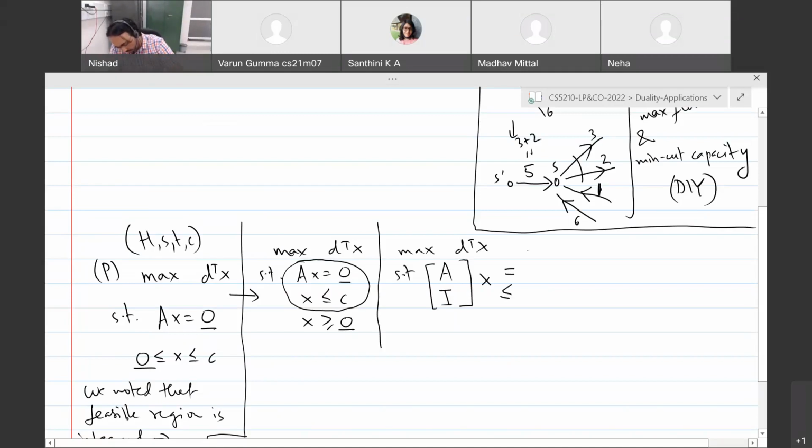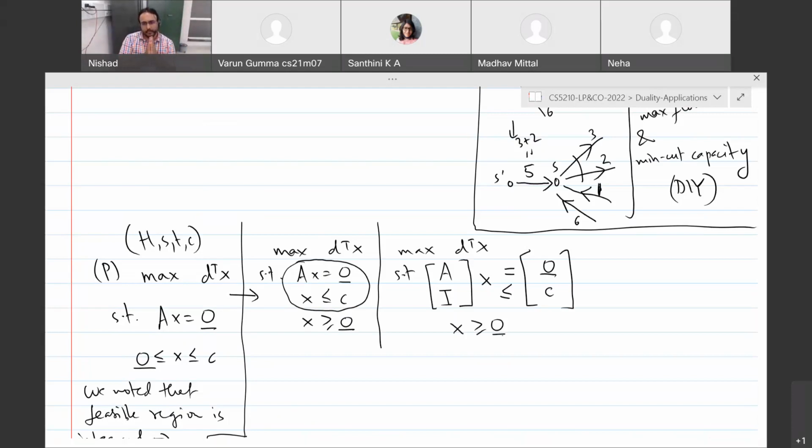On the right hand side, we have 0 vector followed by C. Any questions or concerns? Is everybody able to visualize what we just did? Okay. So now this is in a format that we are used to. We have a maximization, we have non-negativity constraints, and we have a single matrix vector constraint capturing all the other constraints.